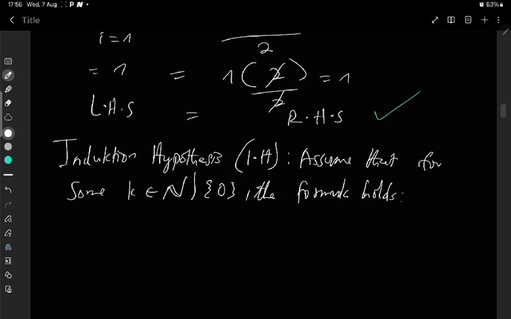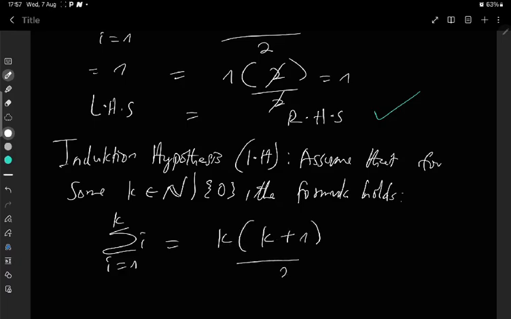So that we now have the sum of i from i equal to 1 to k giving us k(k plus 1) all over 2.